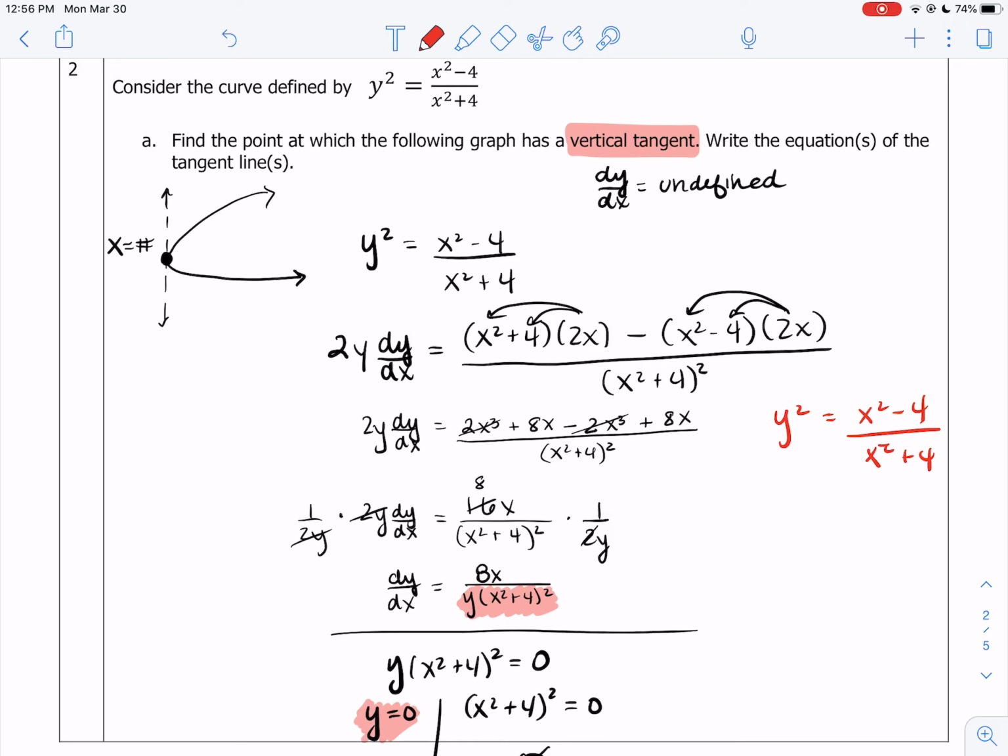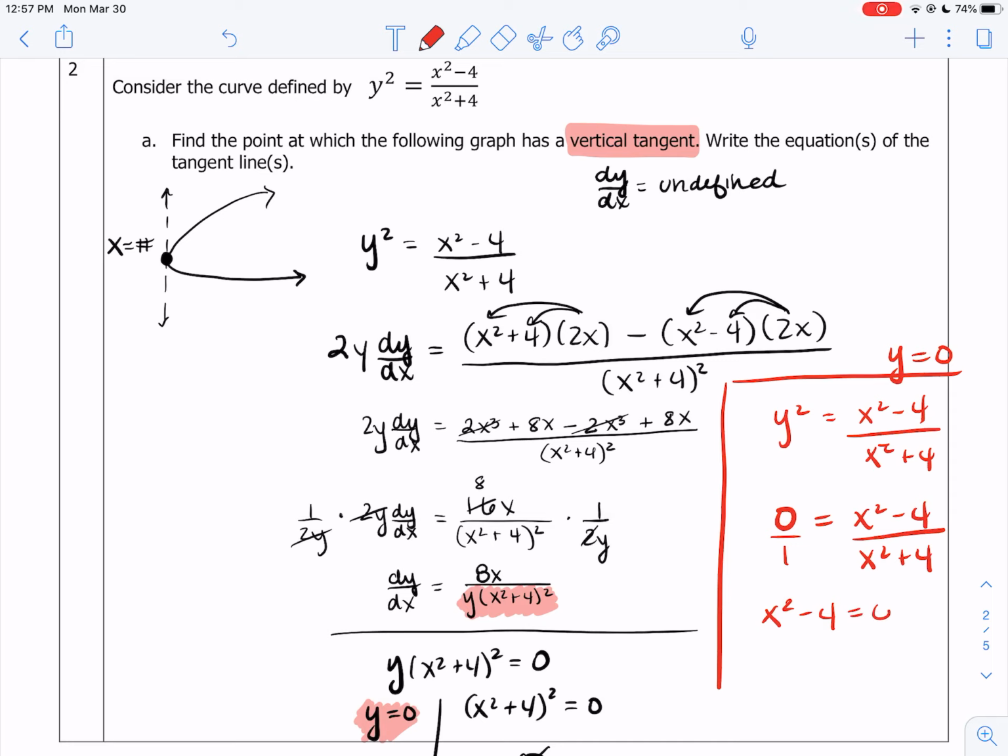If we use the value that y is equal to 0 and we substitute that in, we have that 0 squared, or just 0, will equal x squared minus 4 over x squared plus 4. If we go to solve for x here, we can either cross multiply or multiply both sides by x squared plus 4. We're going to wind up with x squared minus 4 is equal to 0.